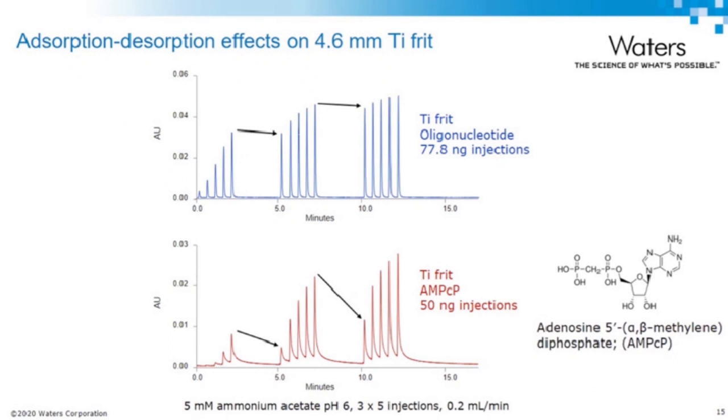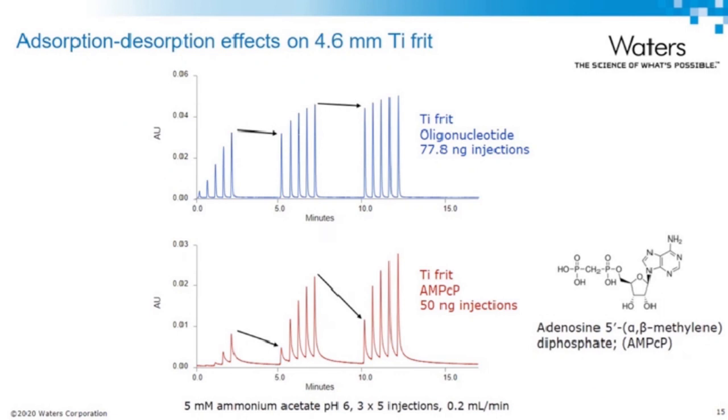If you look at the bottom chromatogram, here we show a different scenario for an adenosine diphosphate, AMPCP, molecule. It is also a molecule that is known to adsorb to metallic surfaces, and you can see that indeed we can detect adsorption in the first 5 injections, and then slowly the analyte is recovered better.